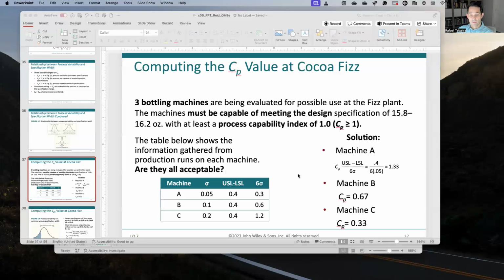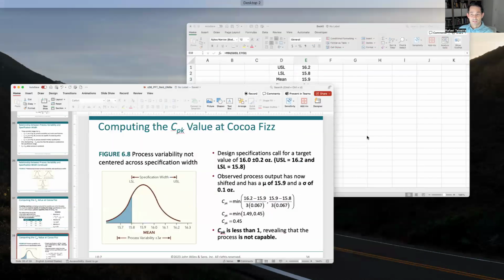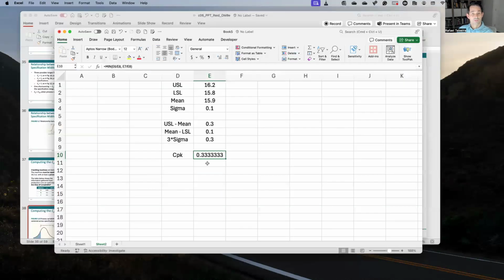Okay, so if you go back here, let's go back to the slide. We have a little bit of difference because this slide, I think, is wrong, because it's using 0.67 as sigma, and here it says that the sigma is 0.1. So we caught a mistake here. But anyhow, that's what the correct value is.